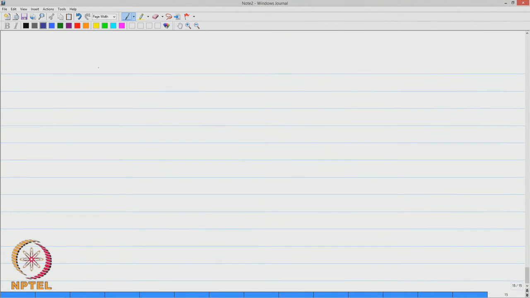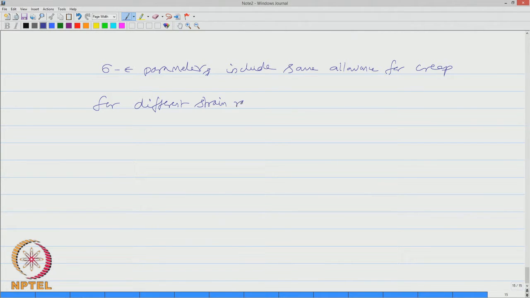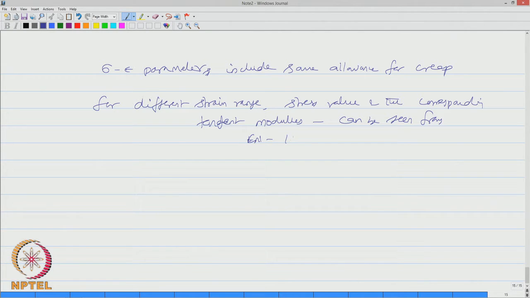Now, the stress strain parameters include some allowance for creep, and for different strain ranges the stress value and the corresponding tangent modulus can be seen from the Eurocode for more details.